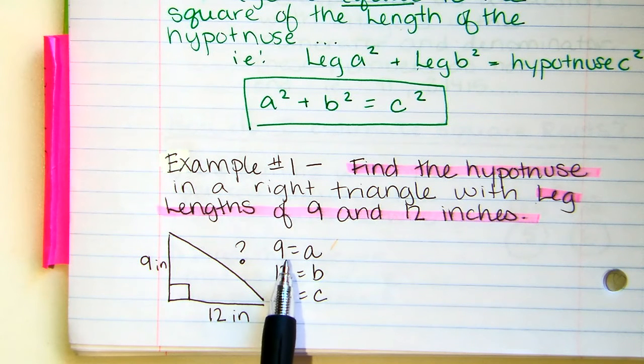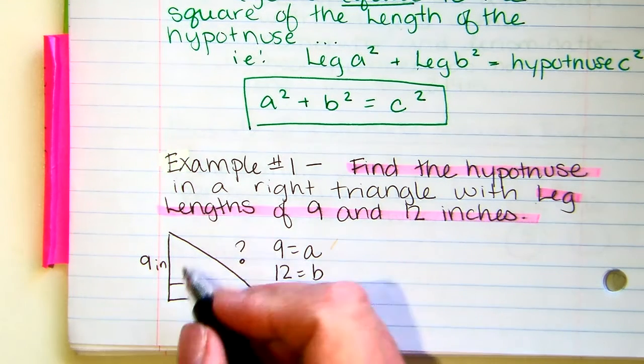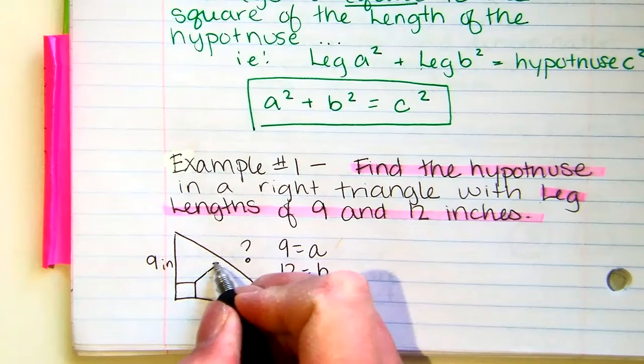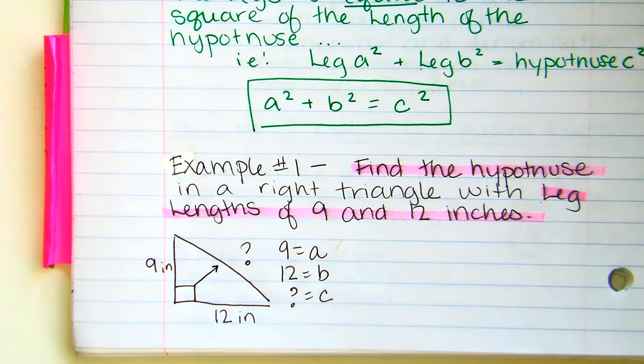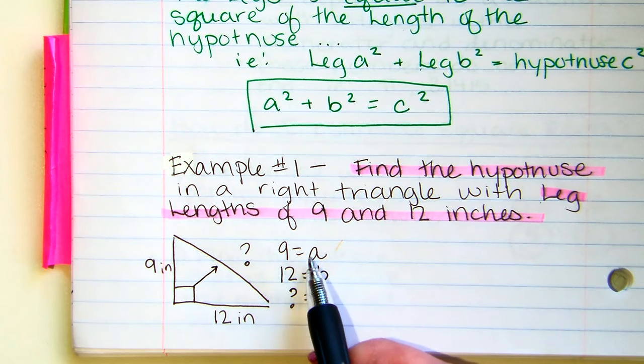That's going to be leg A. It doesn't really matter which leg is A or B. What matters is that we always find the hypotenuse first. The hypotenuse, once again, is always across from our right angle. So, I want to find the hypotenuse. That's a question mark. I have legs 9 and 12, so I'm going to put 9 as A and 12 as B.